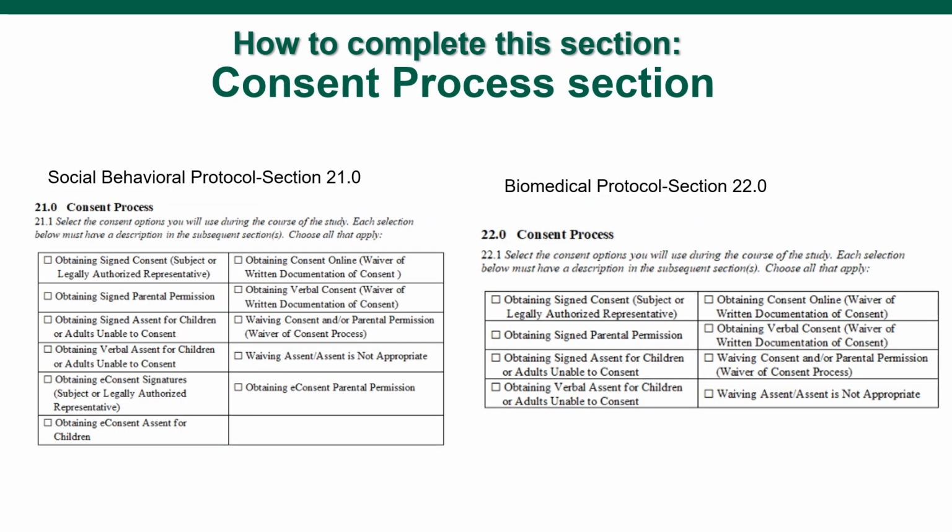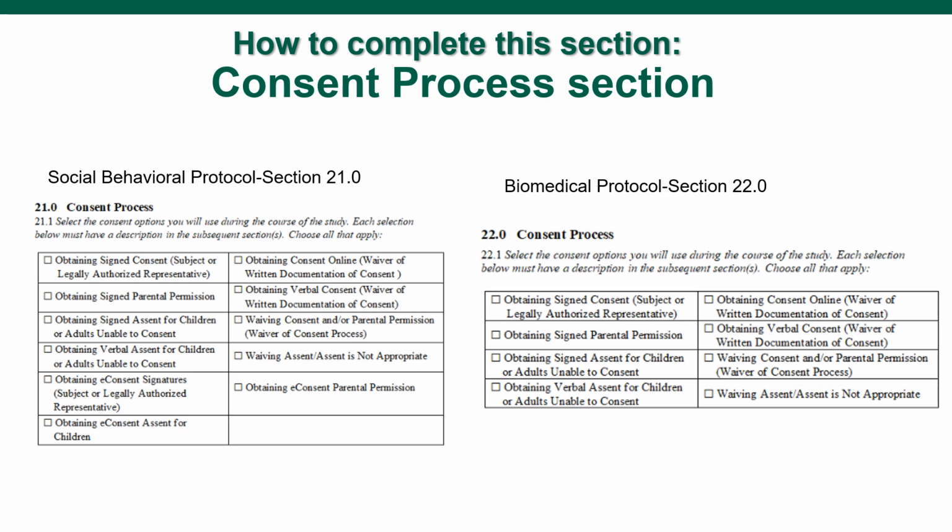All right, now let's talk about the consent process, which is section 21 in social behavioral and 22 in biomedical. Consenting varies for each study. I want to be sure you understand how to complete the consent section when you have an online, verbal, or in-person consent. Now, you will select the applicable consent, assent, or consent waiver for your study.